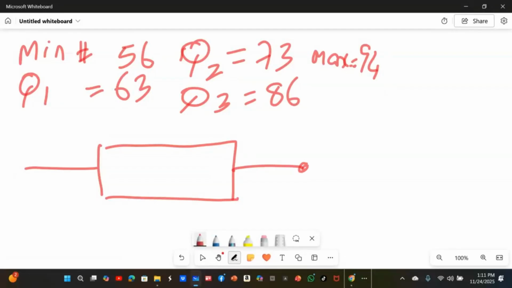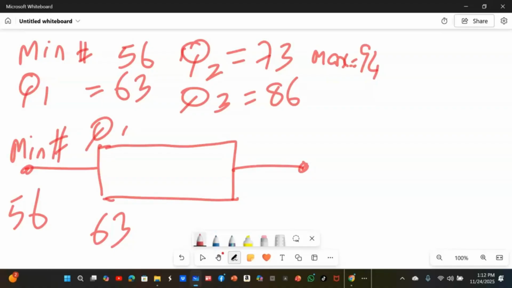And this is a sketch. So the minimum number is at the leftmost whisker. The minimum number is right here, and that number is given to us as 56. The first quartile, which is Q1, is 63.